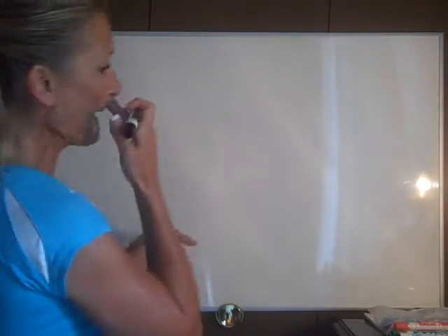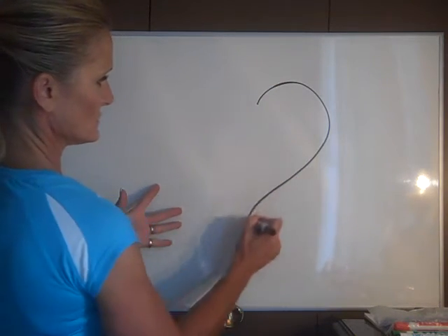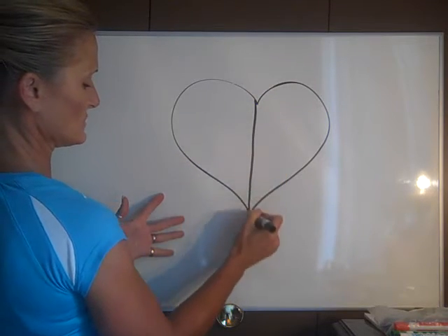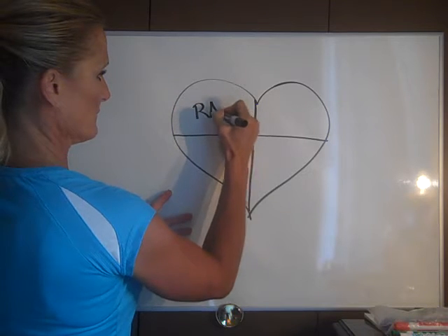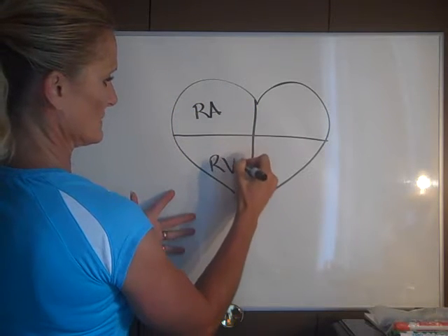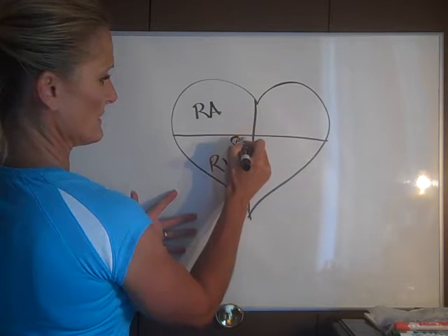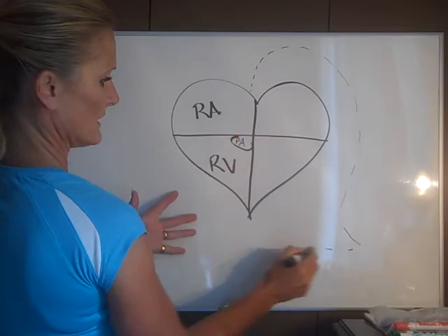Now, I'm going to draw up here. This is your heart, like this. And these are the four chambers of your heart. So this is your right atrium, right ventricle. This is your pulmonary artery, and it goes out here to the lungs. Okay, remember this.